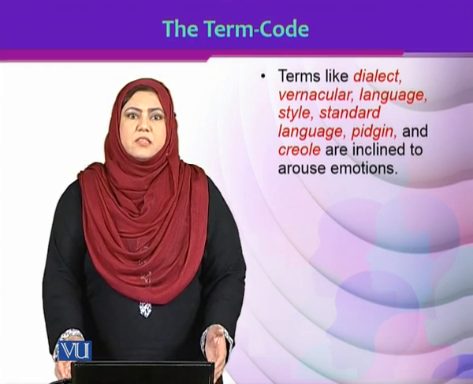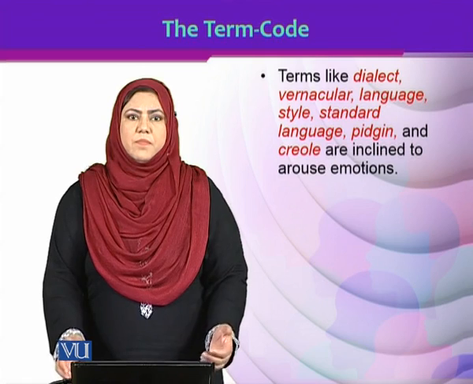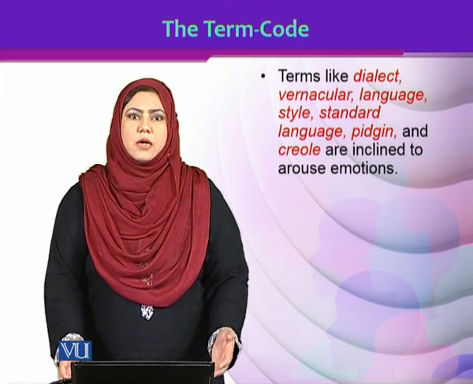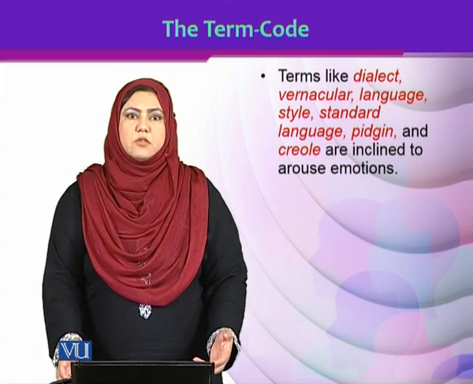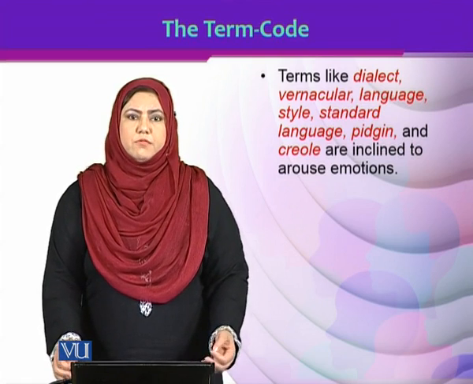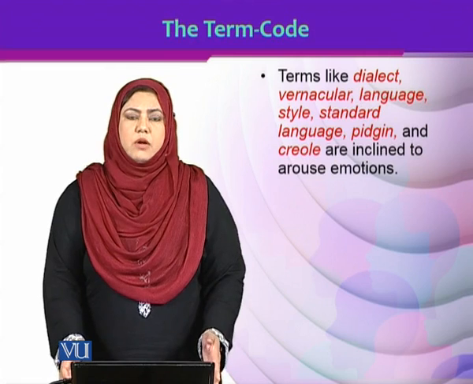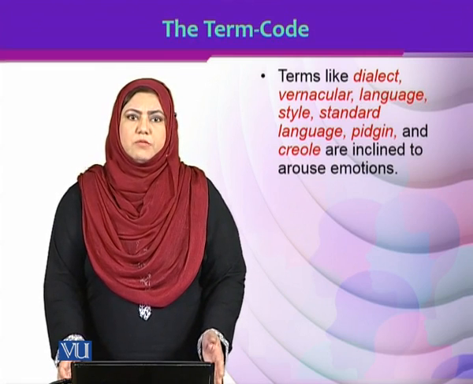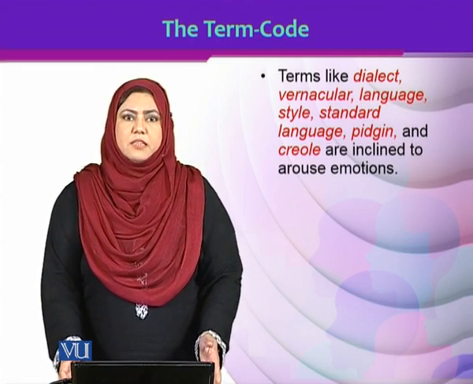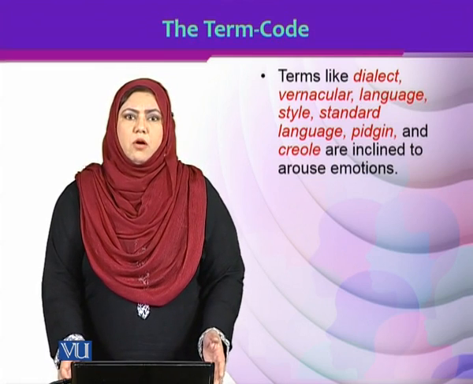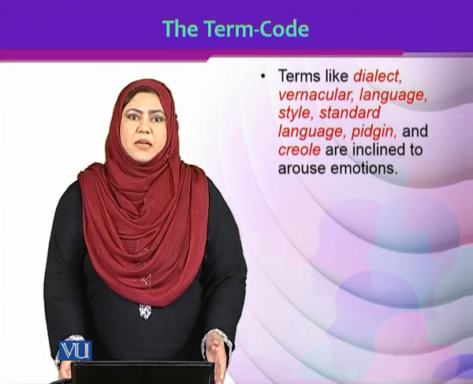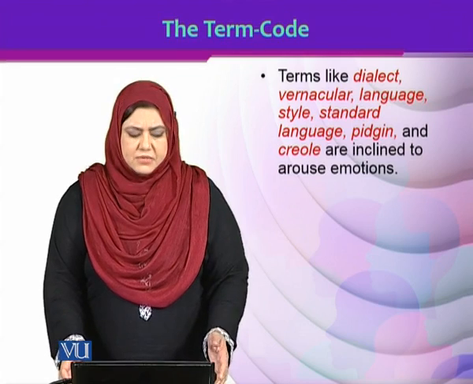Now, as compared to these terms that are used for referring to different varieties of language, the term code is very neutral because it can be used for a dialect, a vernacular, a standard variety of language, a pidgin or a creole, or for that matter, any other terms like this.